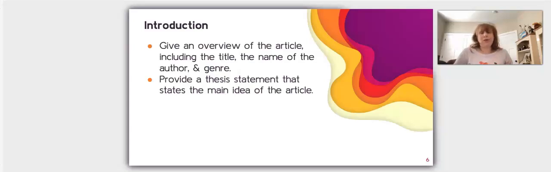that you should include. In your introduction, the first thing you need to do is give an overview of the article by including the title, the name of the author, and the genre. The genre can be something like an evaluation, a qualitative study, a quantitative study, a survey, a quasi-experimental or experimental design, or a mixed method study.